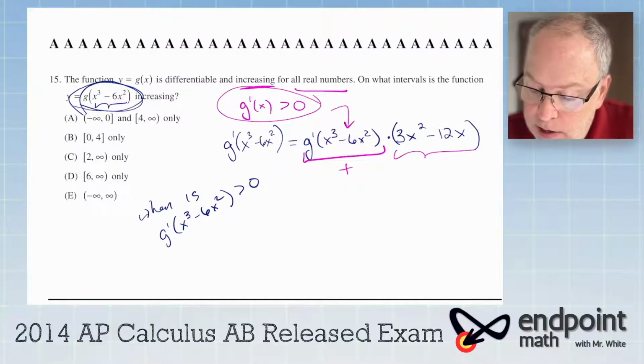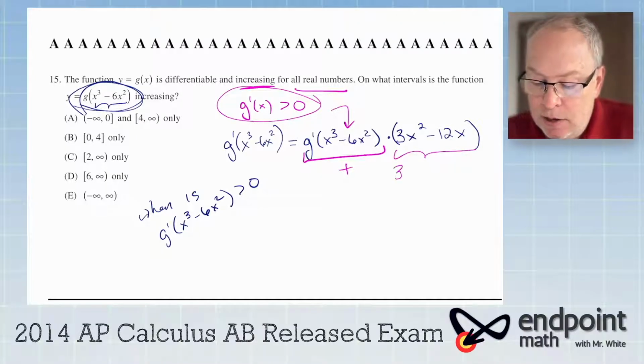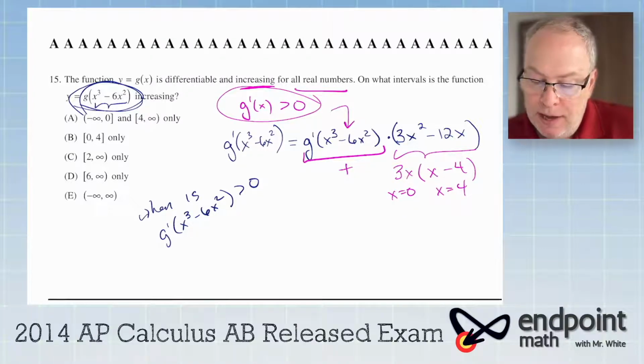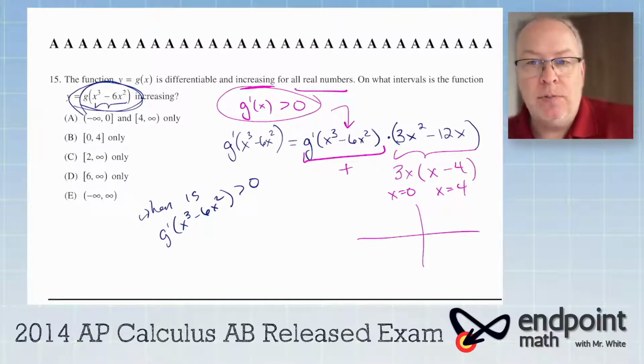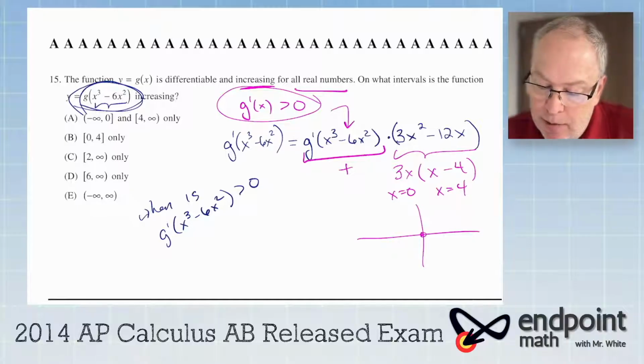Now this part over here is a quadratic, and I'm going to just factor it. I'm going to factor 3x out, and I get x minus 4. So that means x equals 0 and x equals 4 are what we call zeros. And as you recall from algebra class, this is a parabola. The graph of 3x squared minus 12x would look like this.